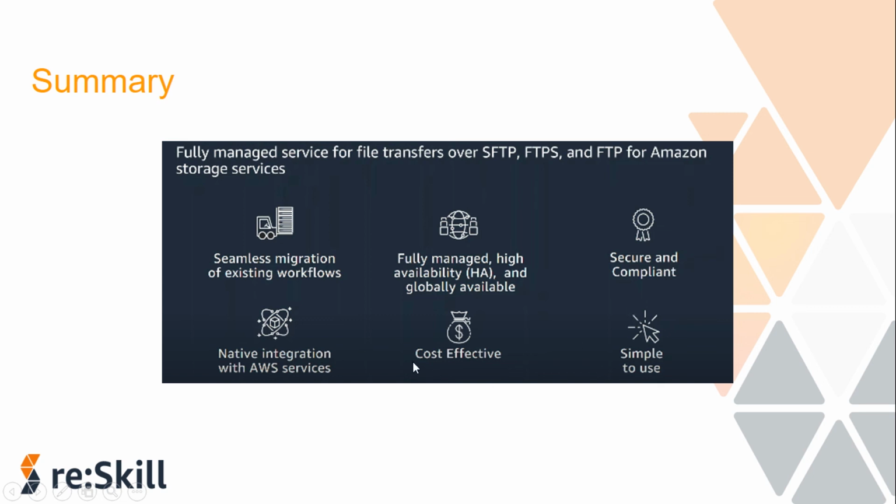It is cost effective because we saw that it has minimal pricing, and more can be explored in the pricing documentation. It is fully managed, which means it has high availability, is globally available, and has native integration with AWS services. We have seen S3 and EFS. Then it is simple to use, like how we set it up in very simple steps. A few steps were there and we were able to get started with it.